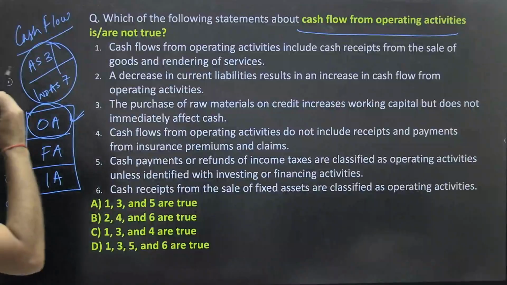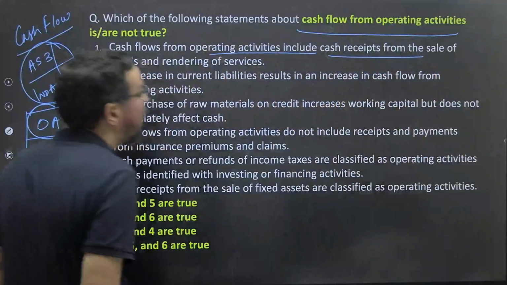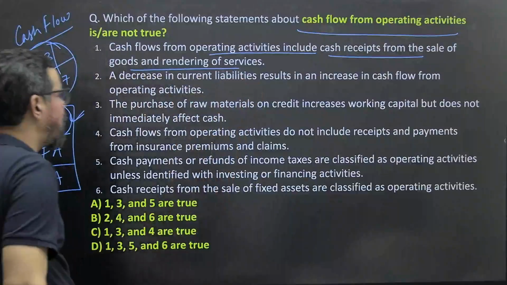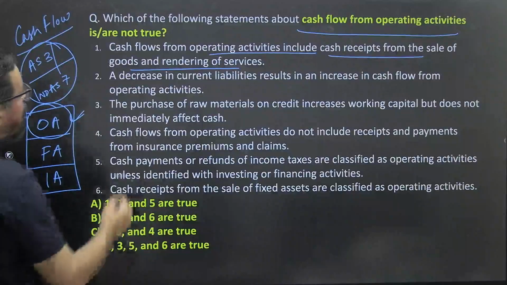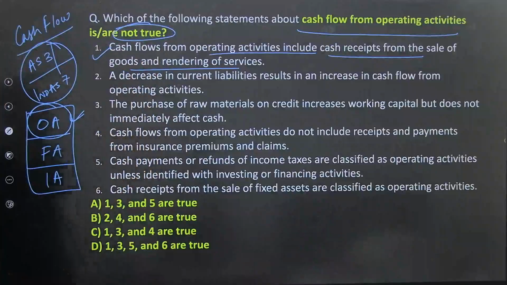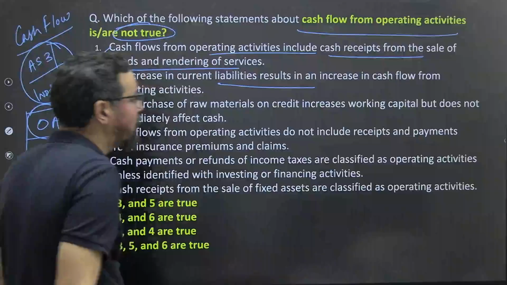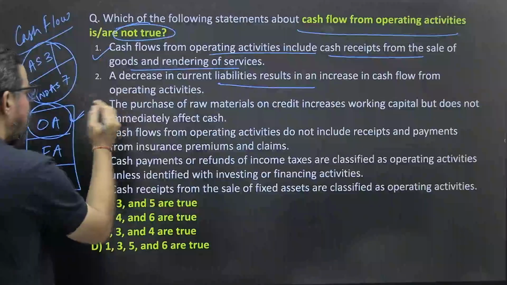First statement: cash flow from operating activities includes cash receipts from the sale of goods and rendering of services. So the first statement is 100% true. We have to find the incorrect statement. Second: a decrease in current liabilities results in an increase in cash flow from operating activities. No, it will decrease.